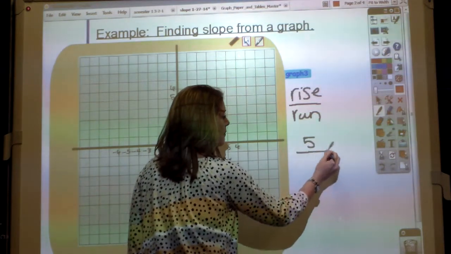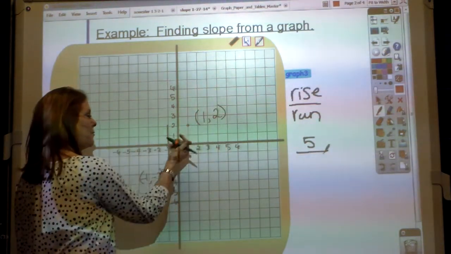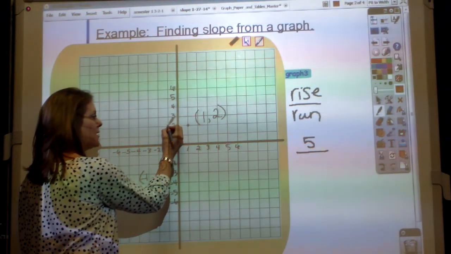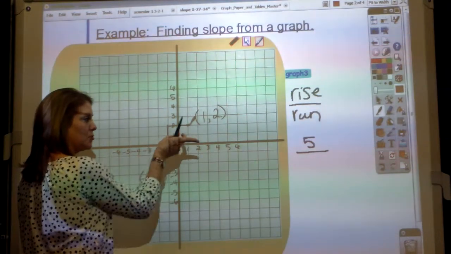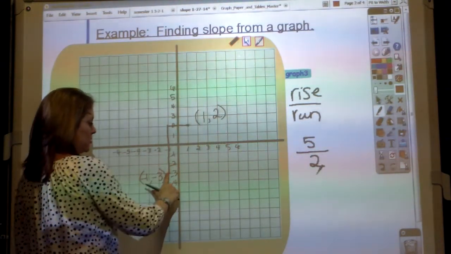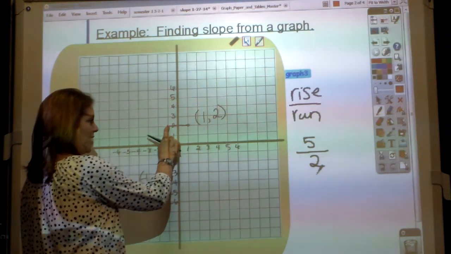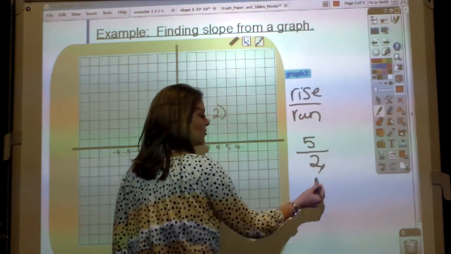Since we went up, that's going to be a +5. Then to get to that point, we have to make one more move, and in this case, we're going to go right 1, 2. Since we went to the right, that's going to be a positive as well. So in this particular situation, the rise was 5, the run was 2, so our slope is 5 over 2.